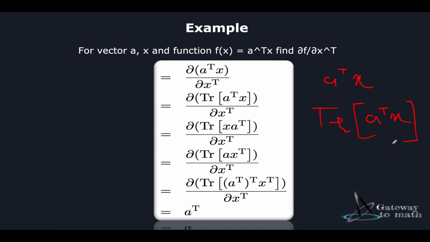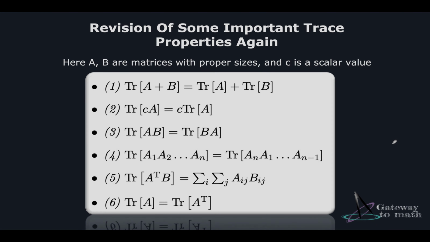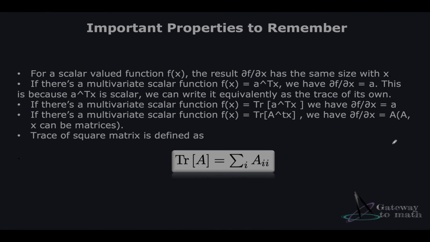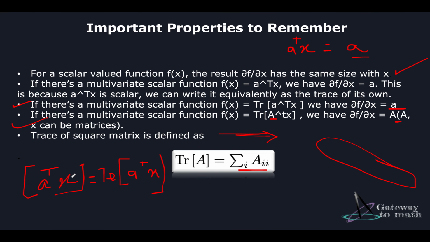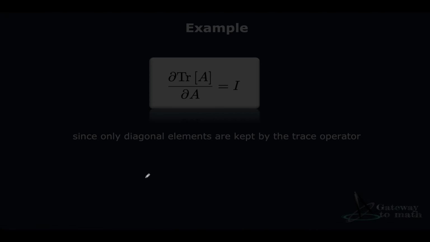We've seen this in this slide right here, this property where we said that transpose of a times x equals trace of transpose of a times x, because multiplying this entry gives us a scalar value. That is why the two values are equal, correct?